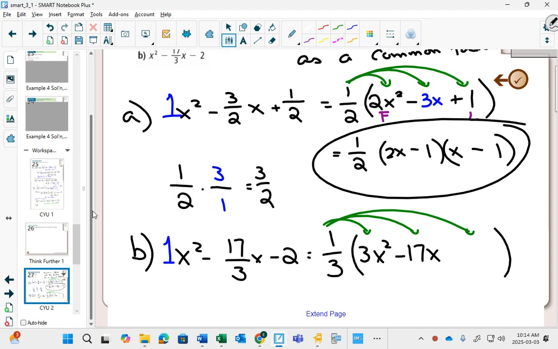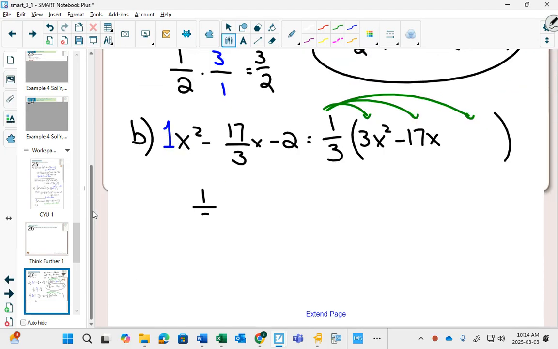Now I'll show the work for the last one here. You want 1/3 times something to equal 2. It's negative 2, but that negative sign is just going to stay. What are you going to get? Well, are you okay if I change the 2 to 6 over 3?